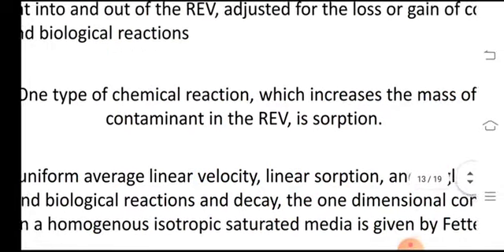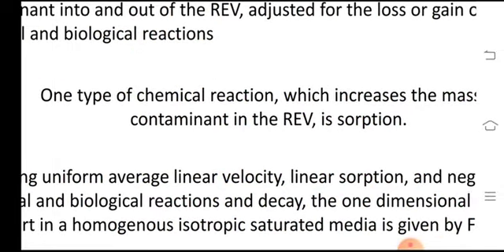Sorption is actually the chemical or physical process through which the solute is getting attached to the solid particle, or it is getting absorbed with the solid particle, or it is having an ion exchange. All these are actually the chemical reactions taking place, which will be representing our sorption and desorption processes.